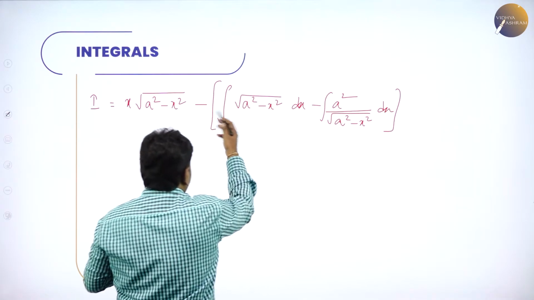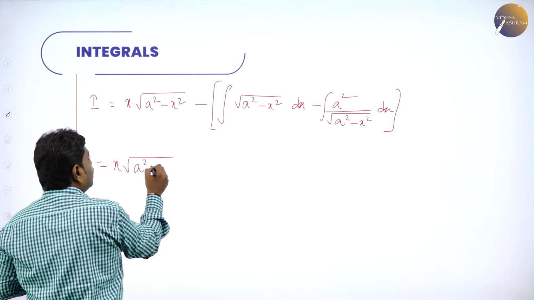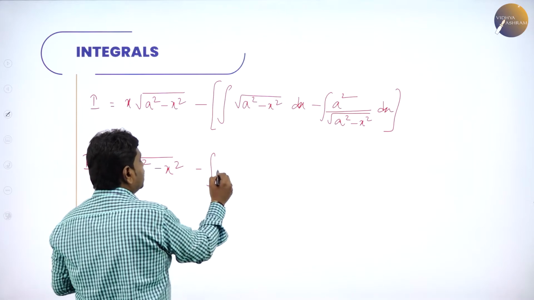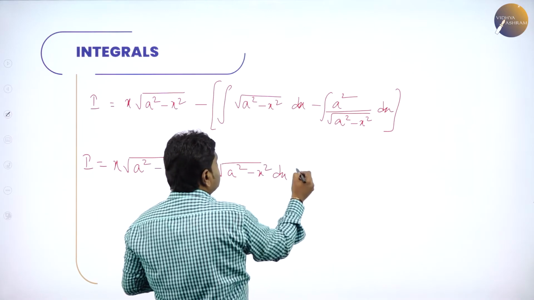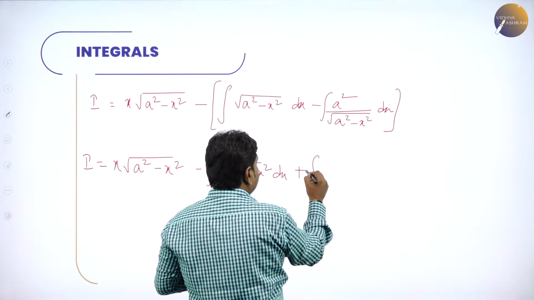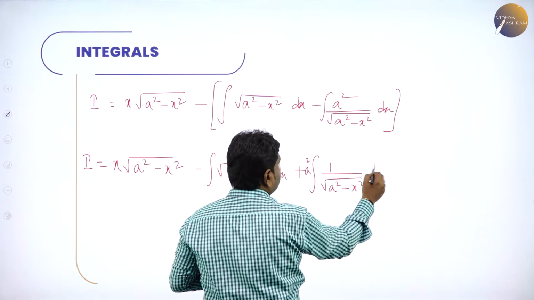So now open the brackets. I is equal to x into root of a square minus x square minus integral of root of a square minus x square dx. Minus into minus becomes plus, integral of a square you can take out, 1 by root of a square minus x square dx.